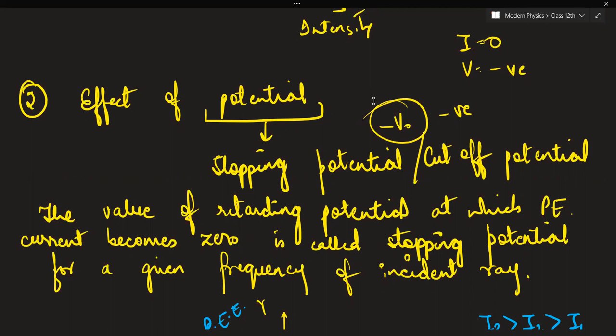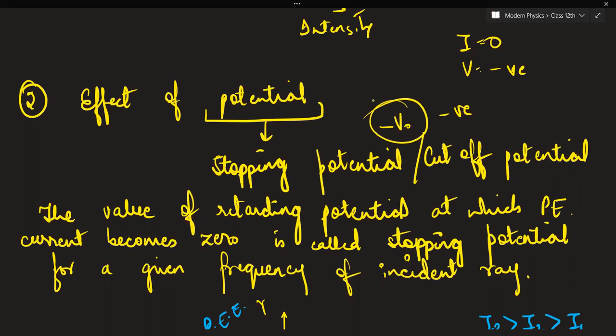That potential for which the current becomes zero, or the minimum potential required to stop photoelectric emission, is known as stopping potential. The commonly used name is stopping potential only, but you will find it as cutoff potential also.